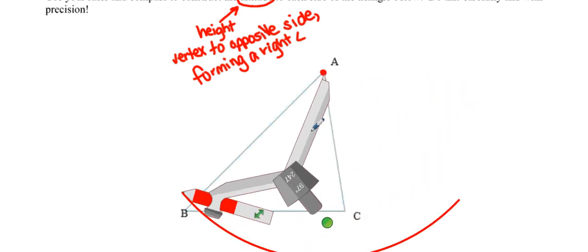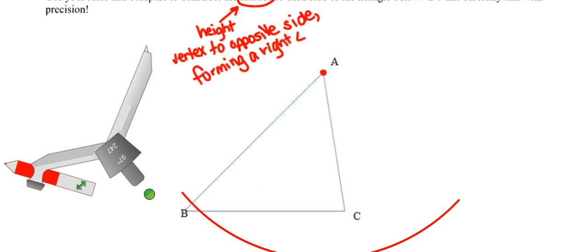And notice that my arc only intersects the triangle in one point because side BC isn't long enough. So I'm going to have to grab my straight edge and extend side BC. You might have to also.